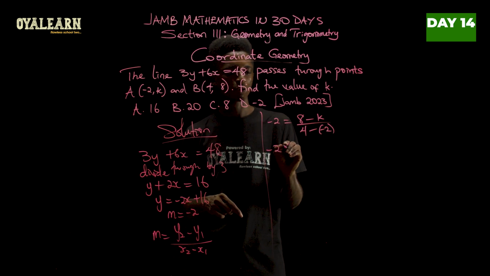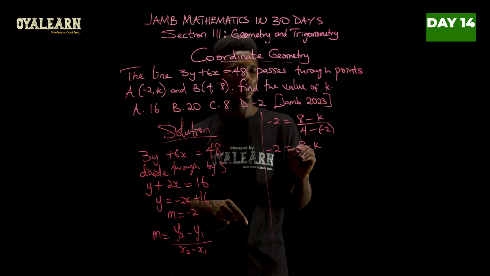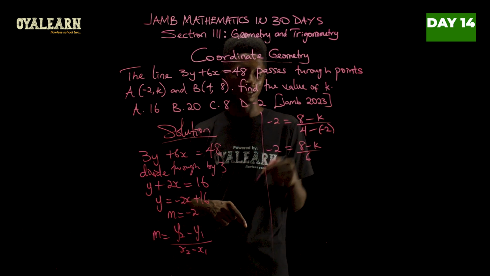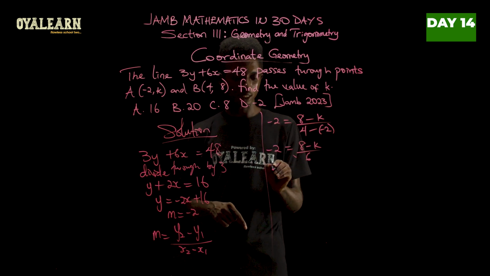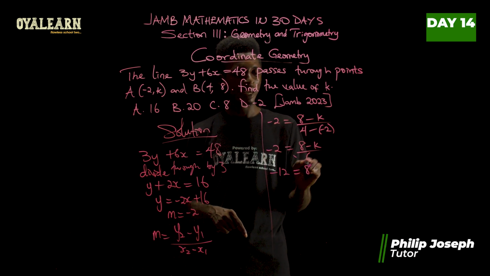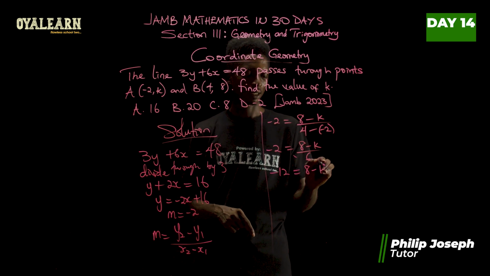And we see that minus 2 equals 8 minus k over 4 plus 2, which is 6, because minus times minus gives us plus. When we cross this, we have minus 12, because 6 times 2 is 12, and there's a negative sign here, equals 8 minus k, right?